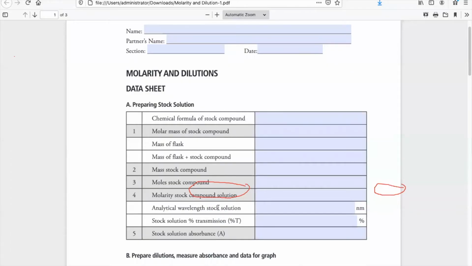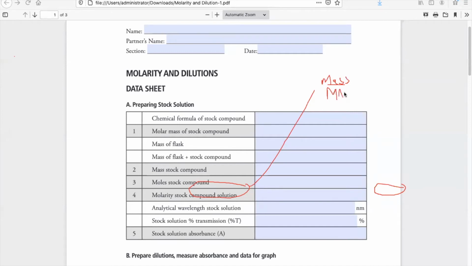You can find the number of moles for line 3 here. If you have the mass, the number of moles is given by the mass in grams over the molar mass.